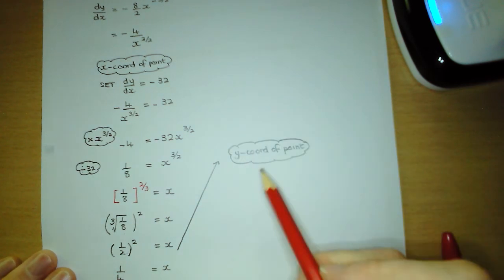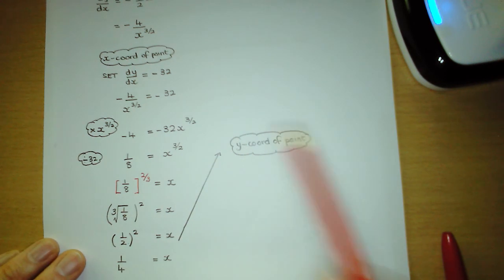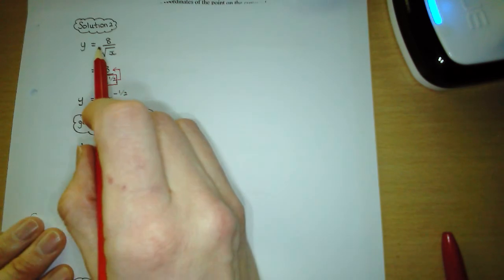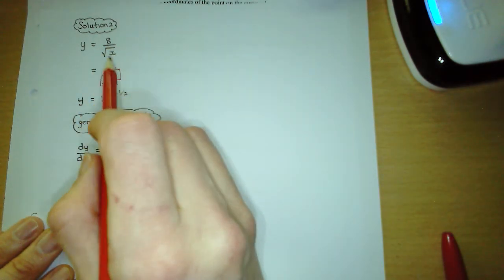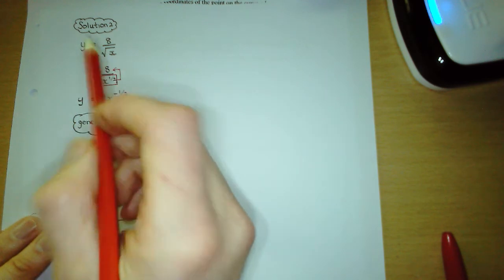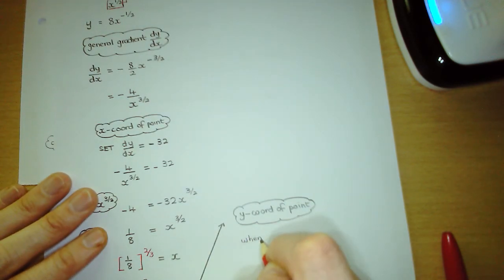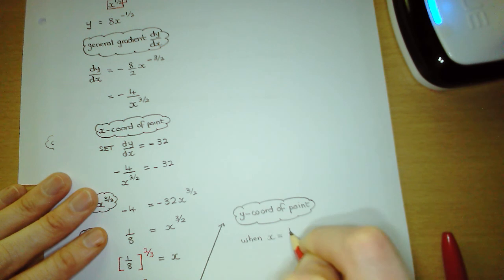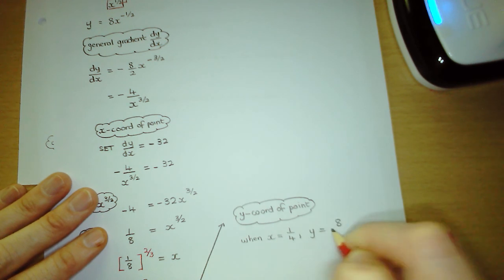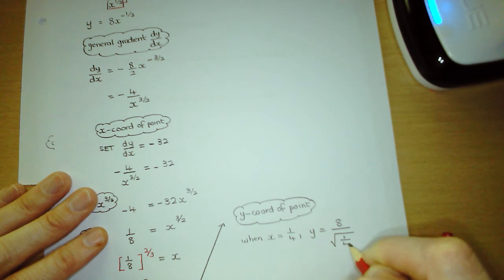So in order to do that, we sub the x coordinate of the point into the curve because the point lies on the curve. So go back to the curve right at the beginning, y equals 8 over the square root of x, and we're going to sub in 1/4 for x. So when x equals 1/4, we're going to get y equals 8 over the square root of 1/4.